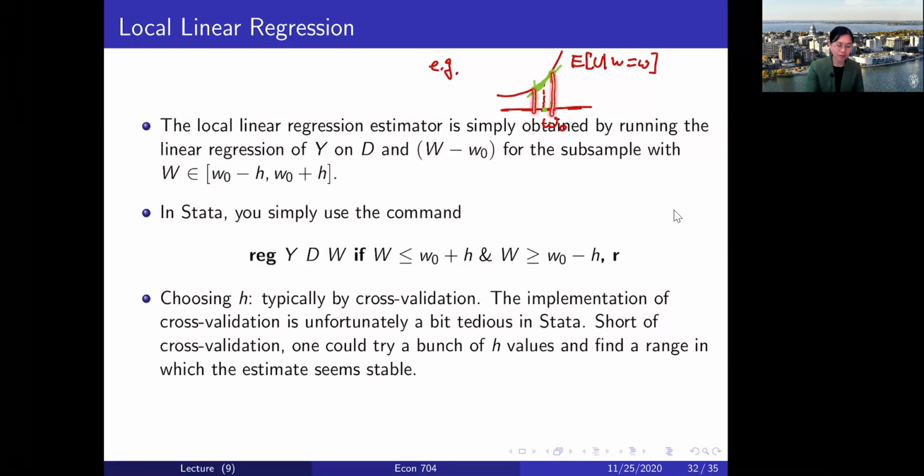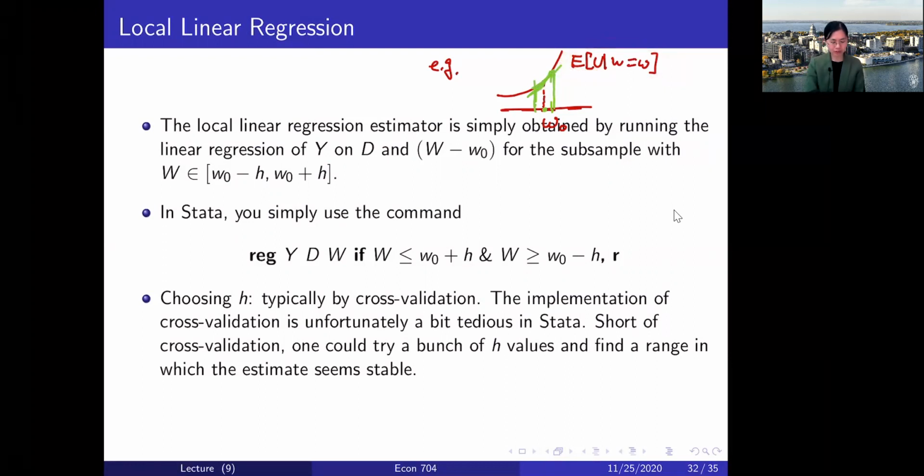So that is why you can still use linear OLS regression if you restrict your attention to a small interval around the threshold. Okay. So that's how you relax the linearity assumption on this function in RDD.